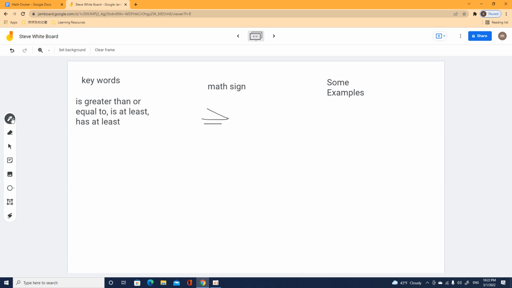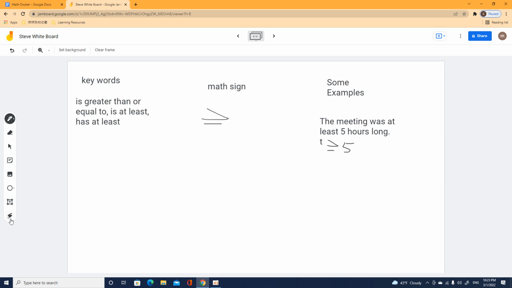For example, the meeting was at least 5 hours long. We use the t to express the meeting's time, so that means the t should be greater or equal 5.